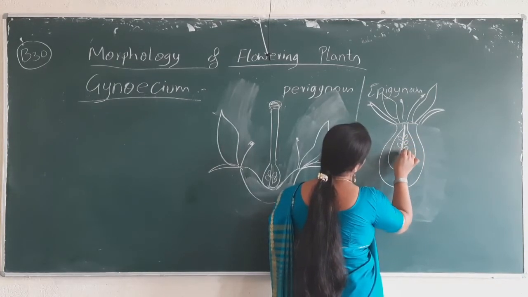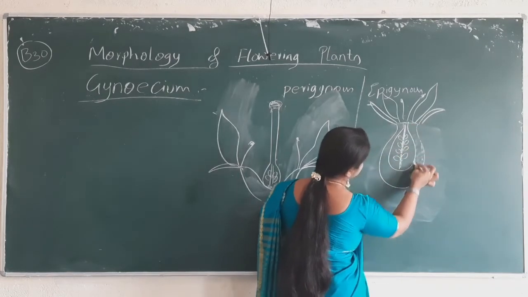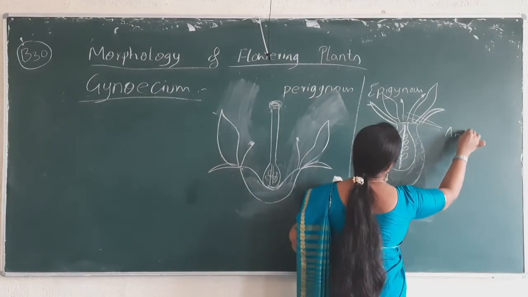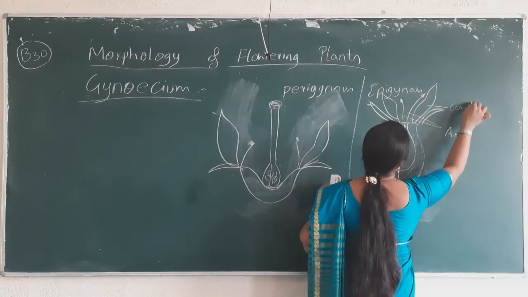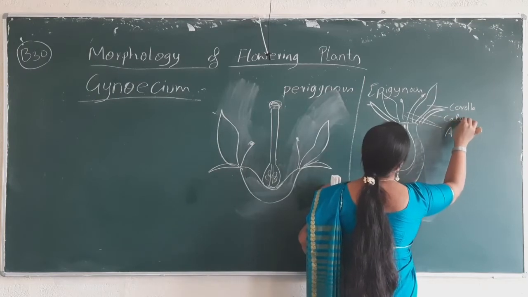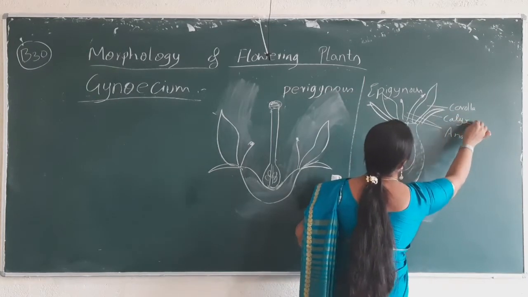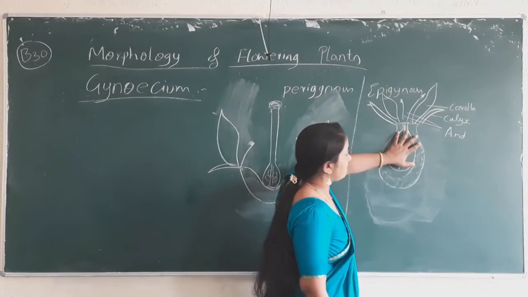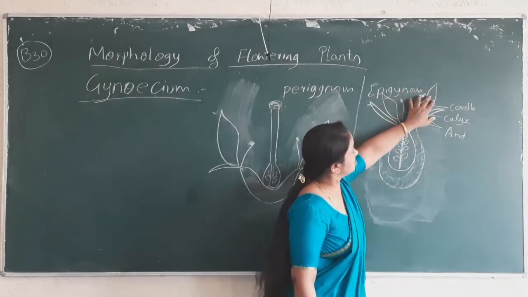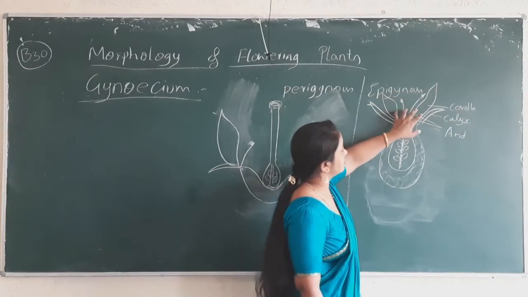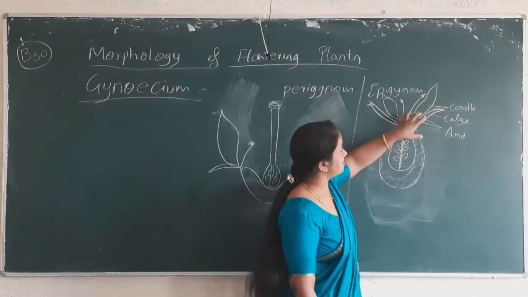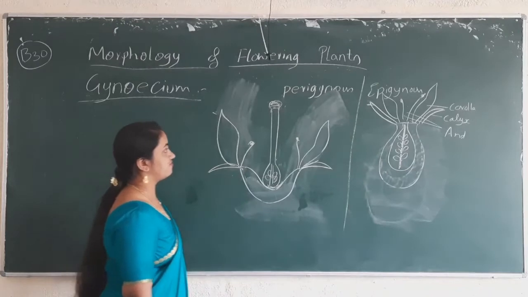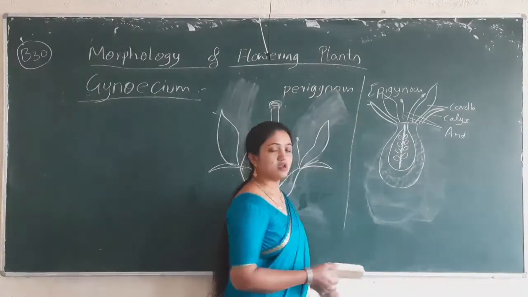So these are the ovules and this is the thalamus and this is androecium, corolla, calyx. Okay. Now, epi means on the ovary, the other floral parts are arising and developing. That's why it is considered as an epigynous ovary or epigynous flower.